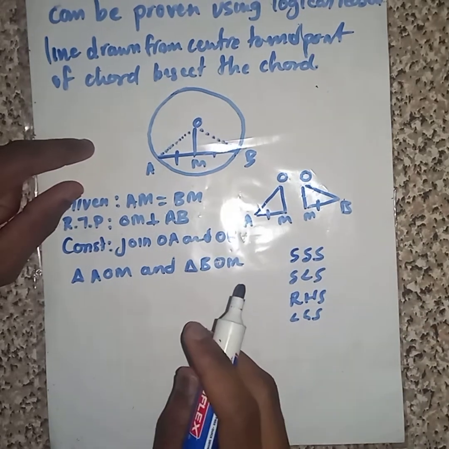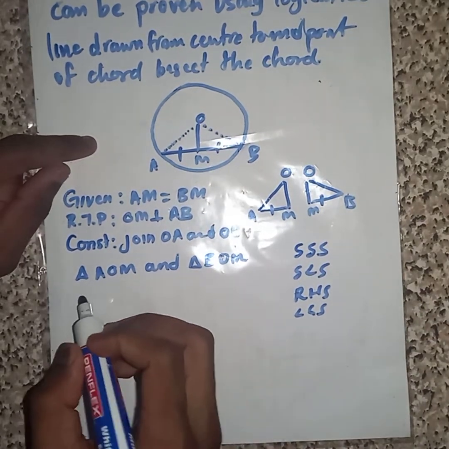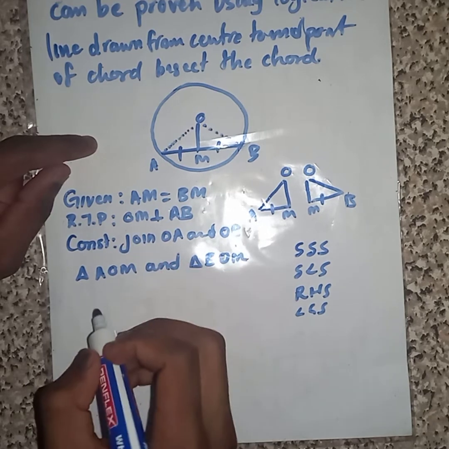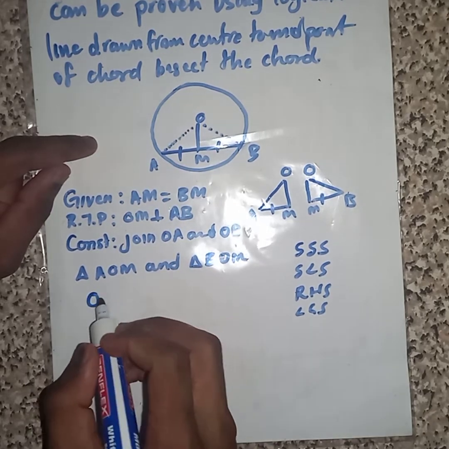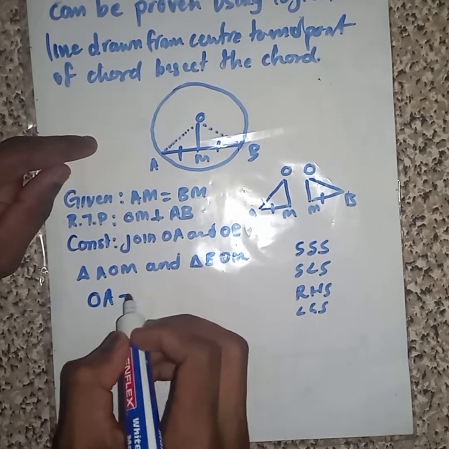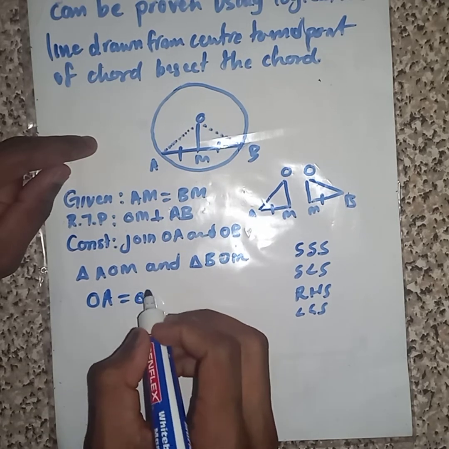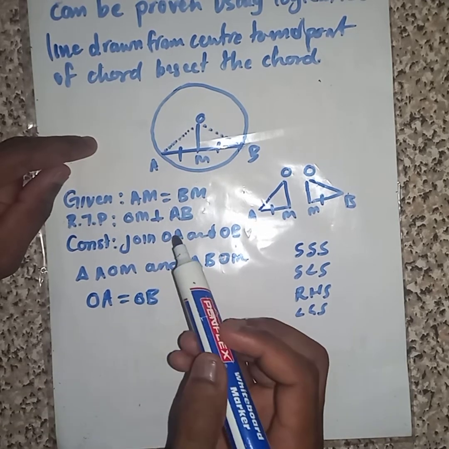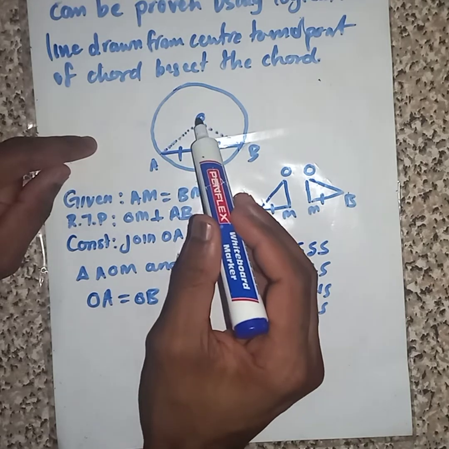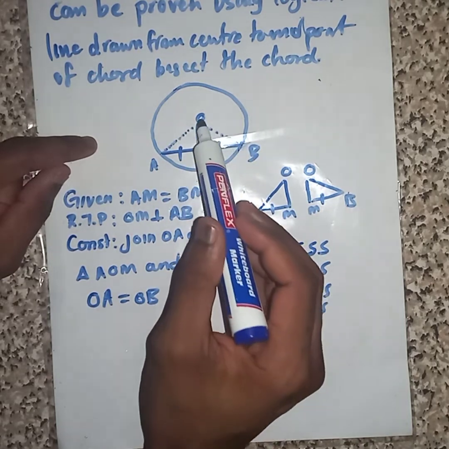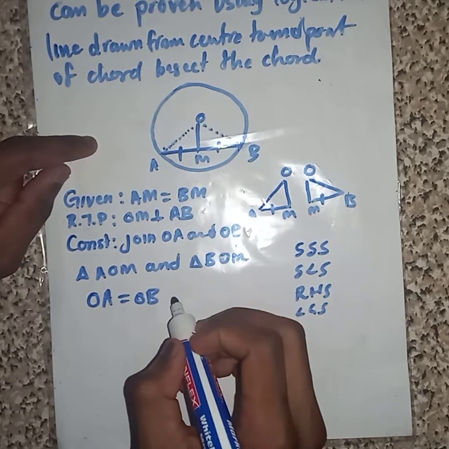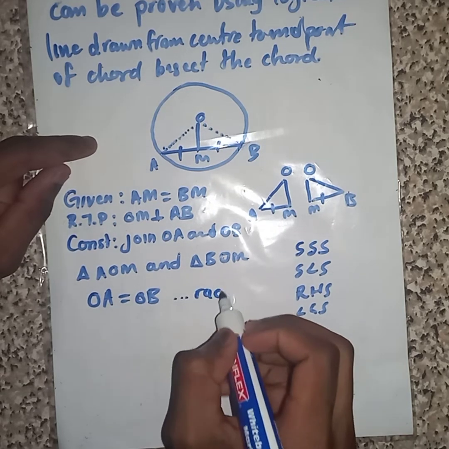Firstly, from our given diagram there, we can clearly see that OA is going to be equal to OB. You see, we have constructed what now? Radii. Then our reason is going to be radii.